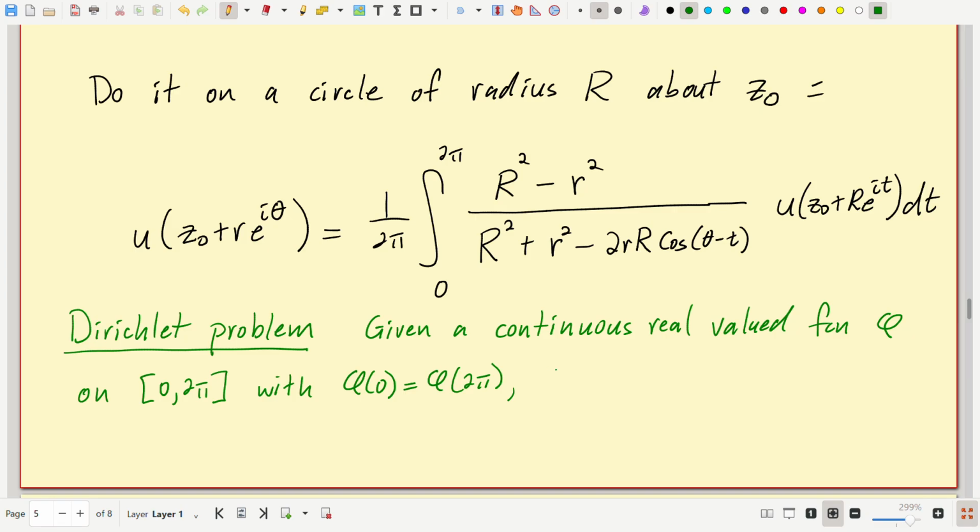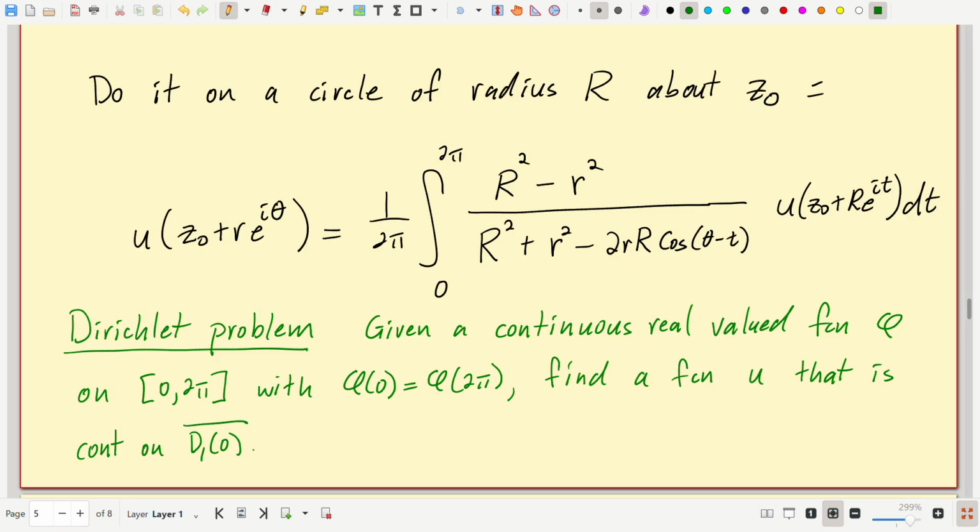The problem is to find a function u that's continuous on the closed unit disk. So that's going to be continuous up to the closed circle.